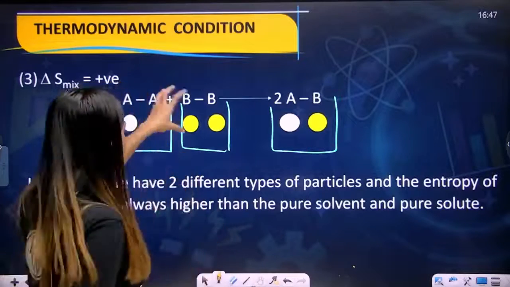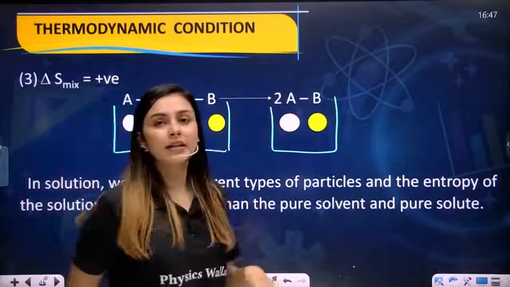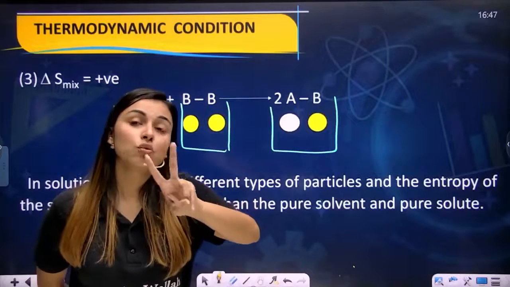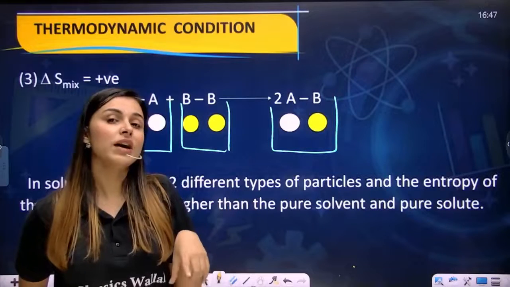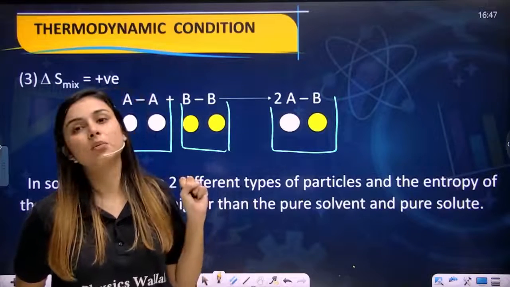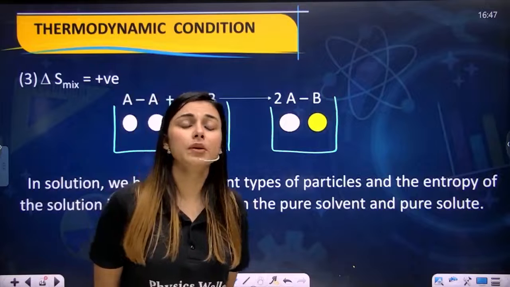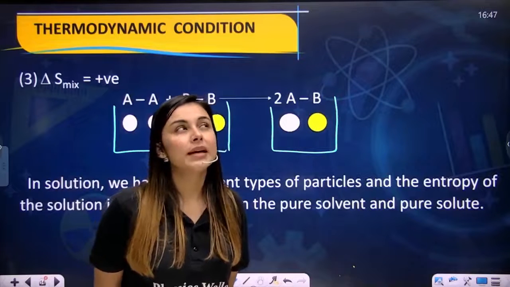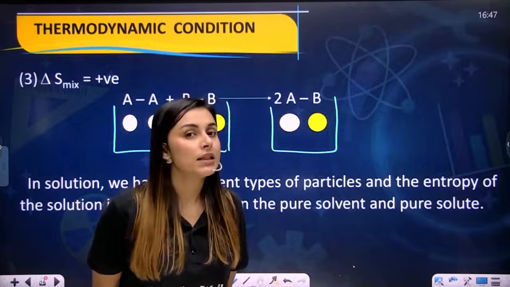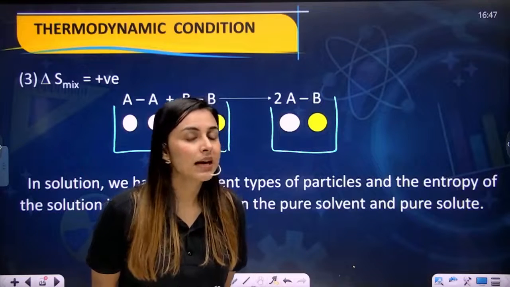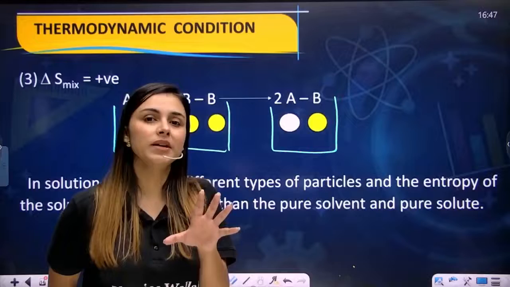But once you mix these two, now you have a container with two different types of balls, yellow and white. Now if I ask you the probability of taking out a ball, you will say, ma'am, it can be white, it can be yellow, right? Yes. This means that there is randomness this time.